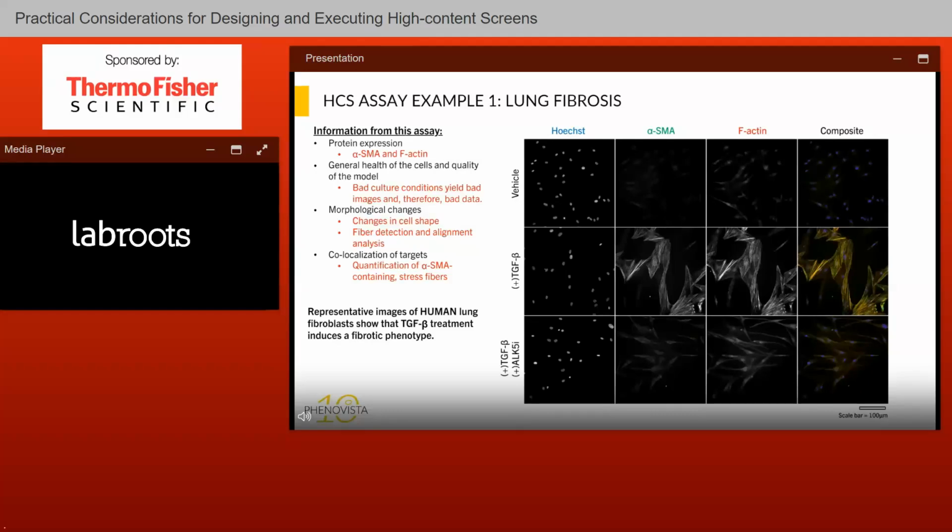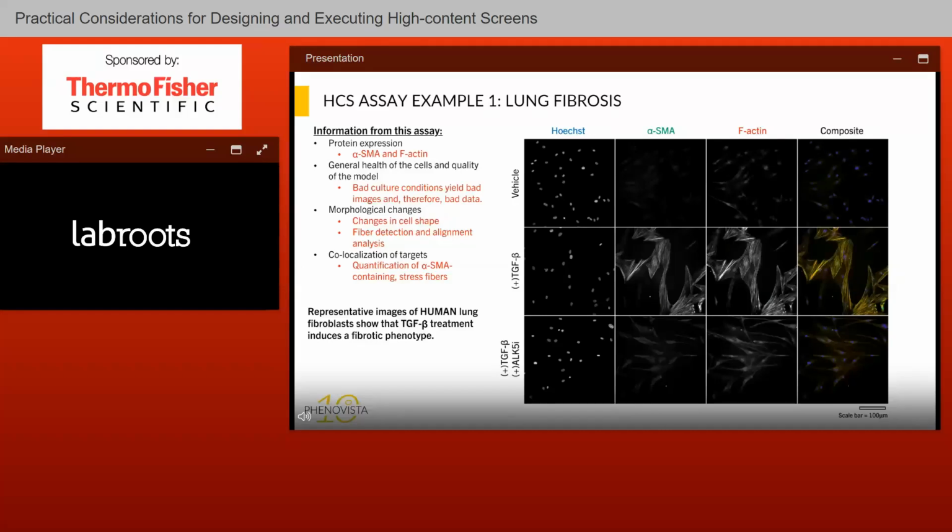In the middle, induction of fibrosis with TGF-beta induces alpha SMA and F-actin. The stress fibers are upregulated there. And then on the bottom, we co-treat with TGF-beta and an inhibitor, ALK5i, and you can see that suppressed the activation of fibrosis. So this gives us what we call our assay window.